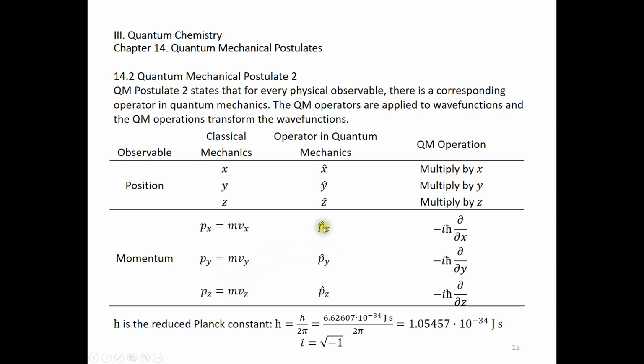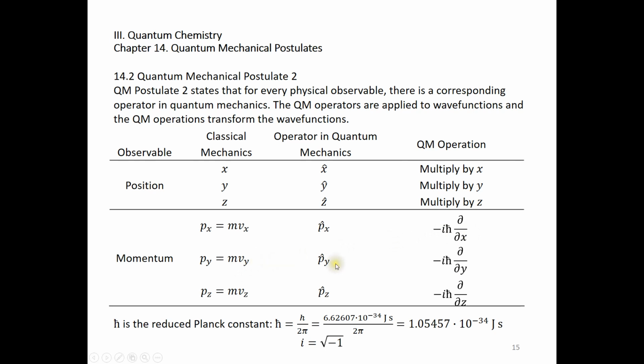We put a caret on top of P. Now we have a momentum operator. This P sub x is the operator in the x direction. The corresponding operation is to apply negative i h bar del over del x to the wave function. For example, if the wave function is sine x, we just need to apply this to sine x. We will get negative i h bar cosine x.